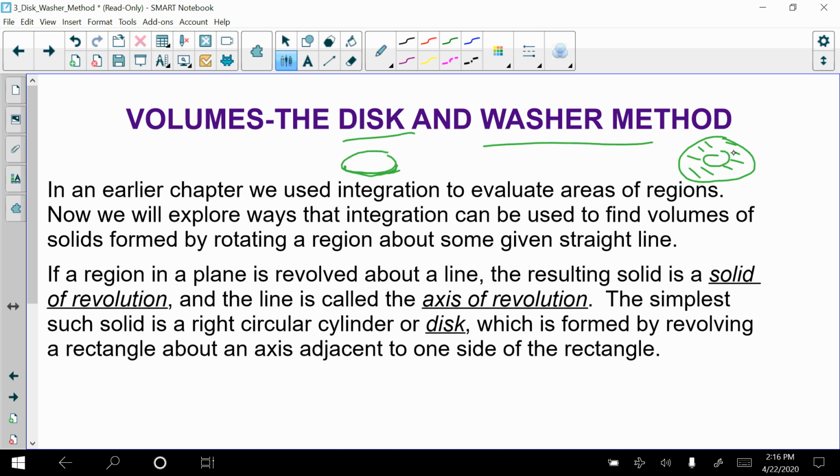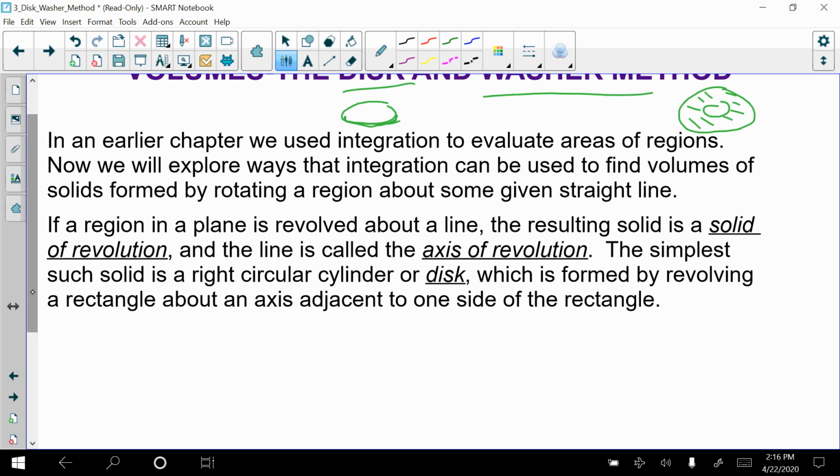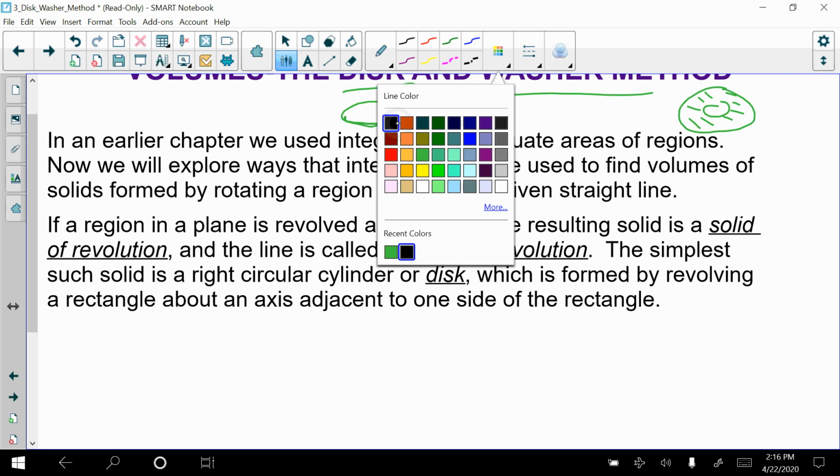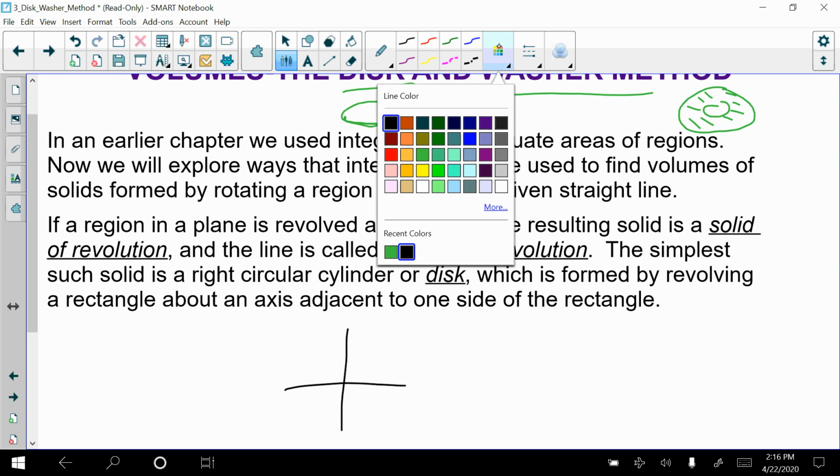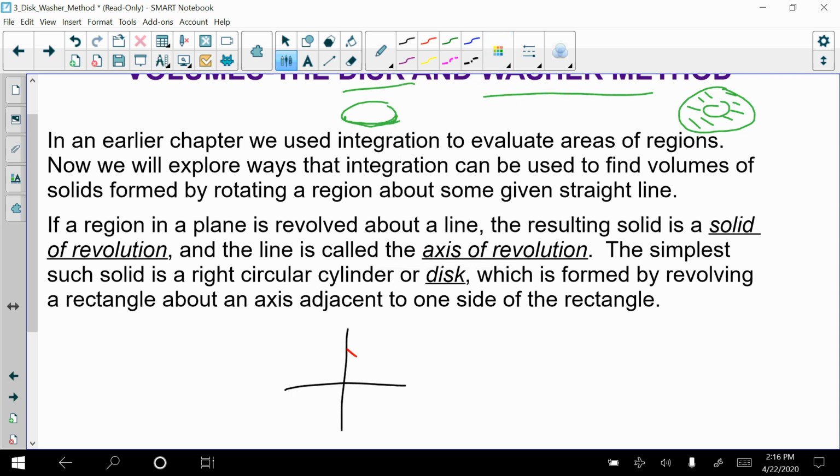Okay, and all we're going to do is take some kind of shape, and the most basic shape would be to take a line. So we would see something where we have an x-axis and a y-axis, and let's pick a color here. Let's just have a line here that goes between the x and the y-axis.